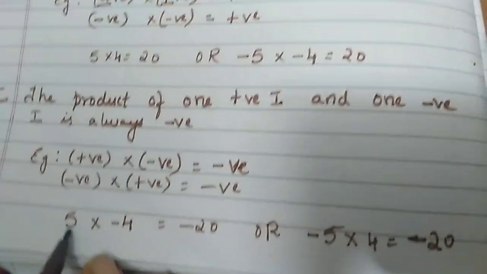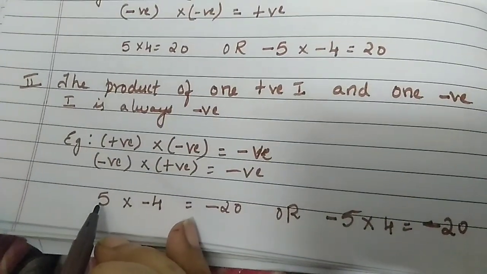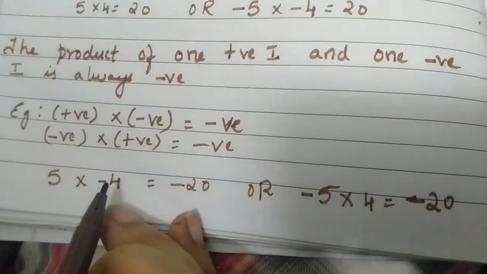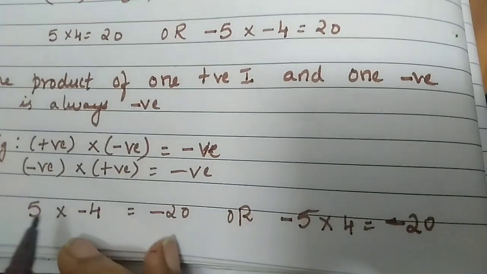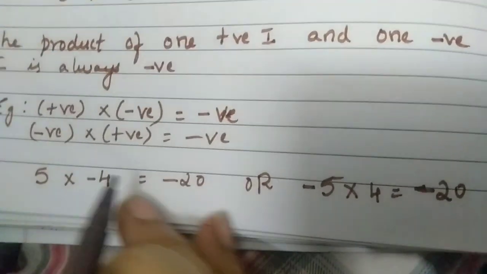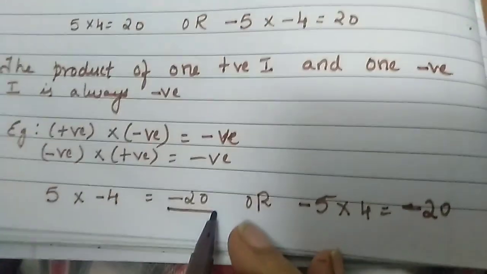For example, let's use the same numbers. So I have here one positive integer plus 5. When I multiply it with minus 4, which is a negative integer, now let's check out the product here. So plus 5 into minus 4 gives me the product as minus 20.